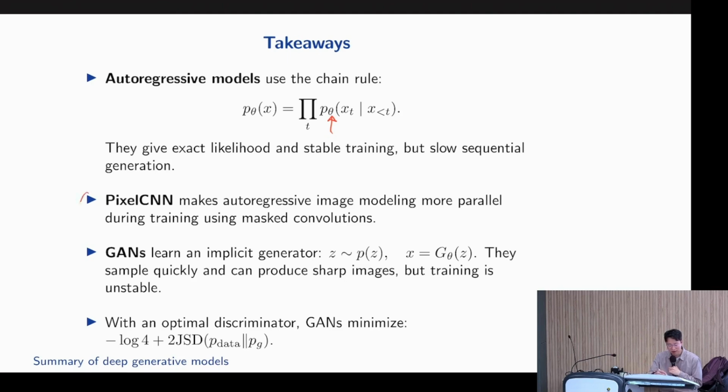And pixel CNN makes a compromise, and as opposed to conditioning on all the past, it only conditions on however many the kernel size allows in CNN. And GANs, they do everything implicitly, and they don't bother trying to model the data distribution directly. And for optimal discriminator, GANs minimize negative log 4 of 2 times JSD between real distribution and fake distribution. And when the two distributions match, the optimality is at negative log 4.